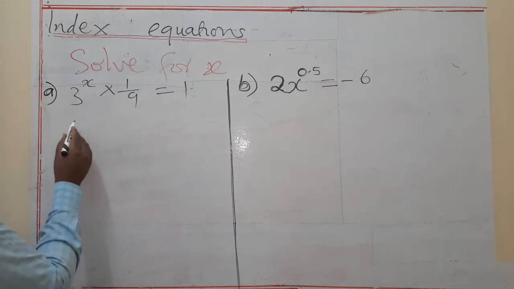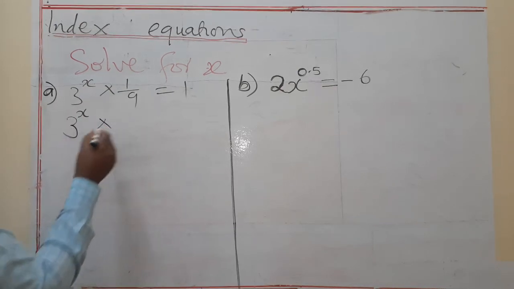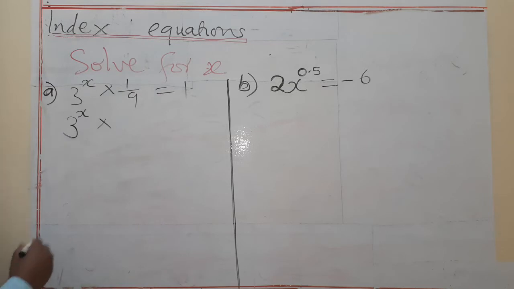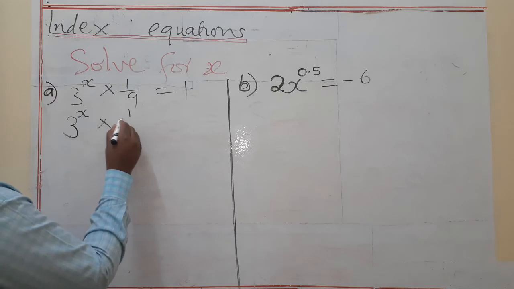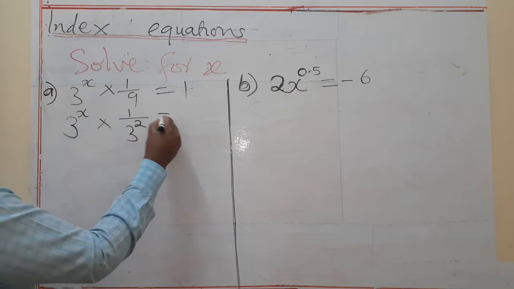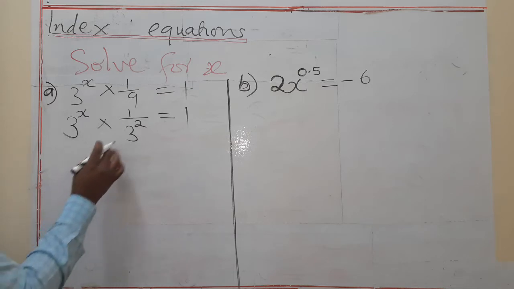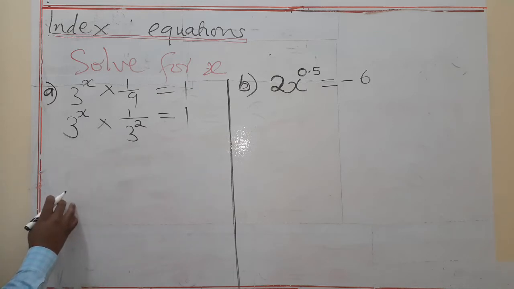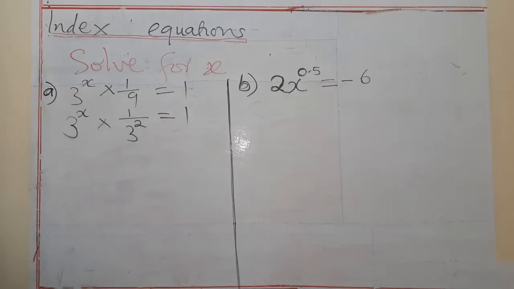So maybe we might say, this is 3 to the power x, multiplied by 1 over 3 to the power 2, and the answer must be 1. We are going to get rid of this part if possible.